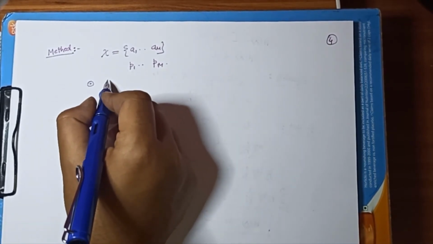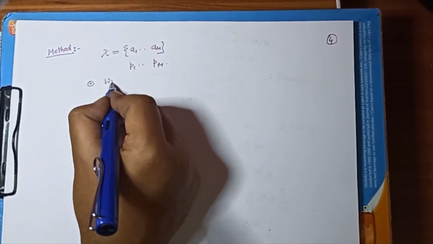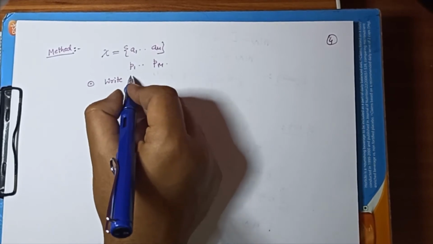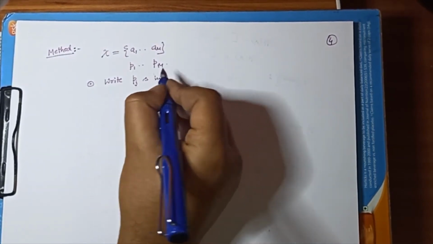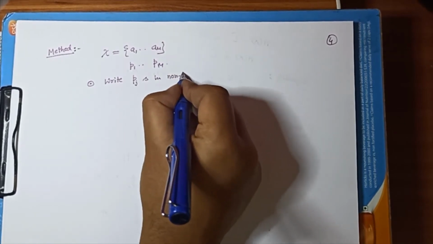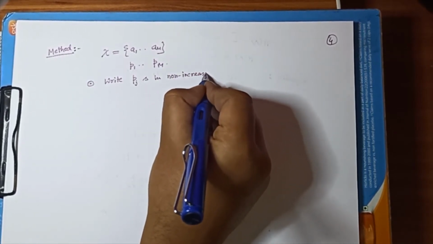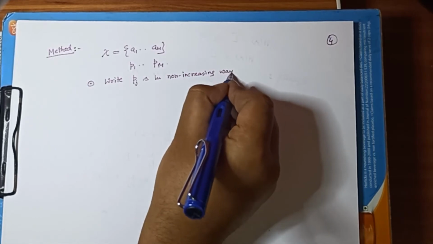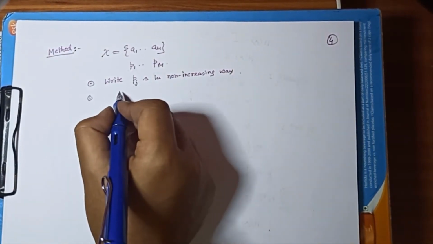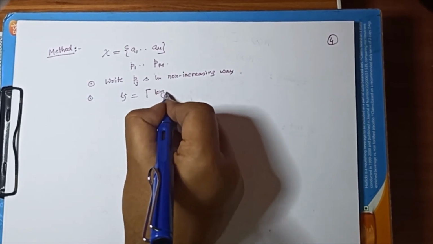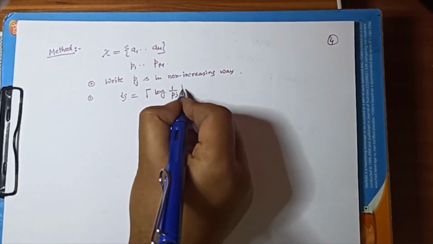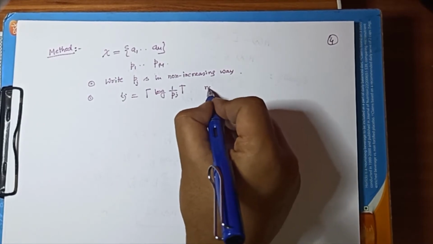Write down these Pj's in non-increasing fashion. Then obviously Lj, which is equal to the ceiling of log 1 by Pj, will be non-decreasing.